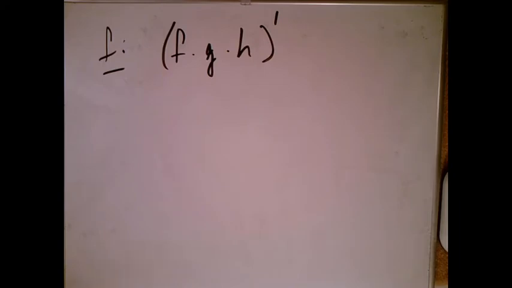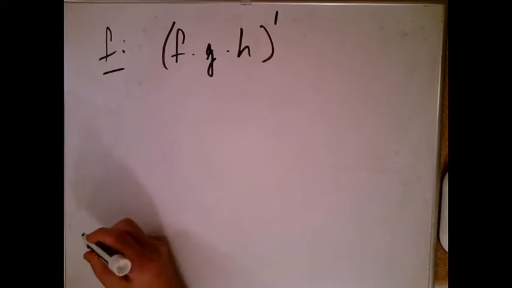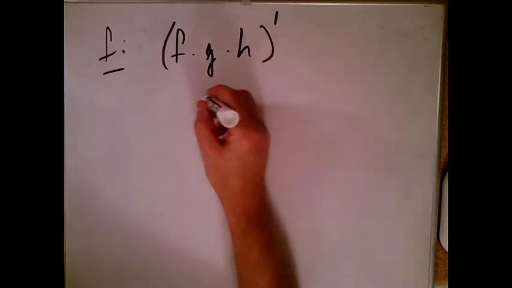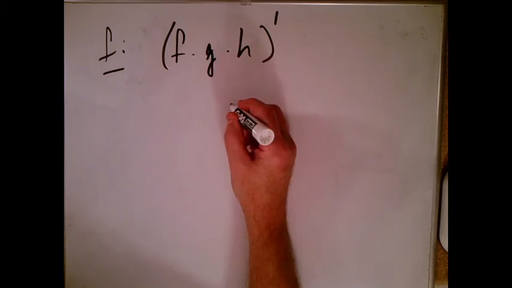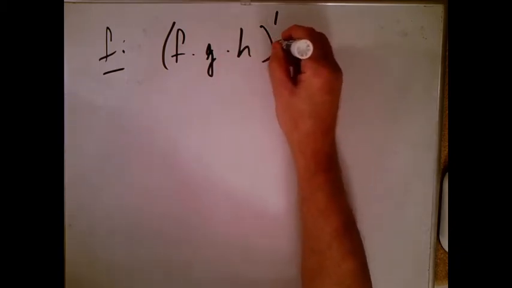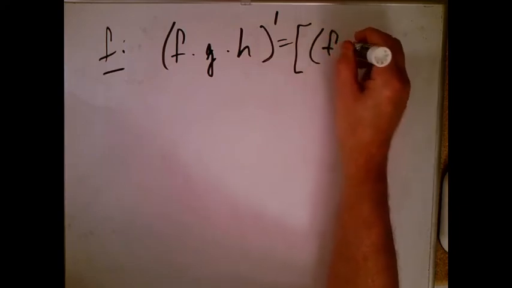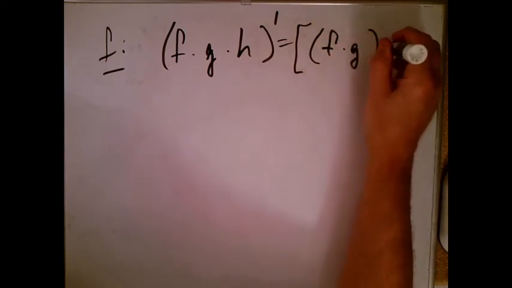Okay, welcome back. Now the problem with the product rule as it stands is that we have to take the derivative of just 2 things multiplied together. So this is what I'm going to do. I'm going to rewrite, out of space here, the original. I'm not going to take the derivative yet. I'm just going to group, this associative law, yes, the first 2 like that.